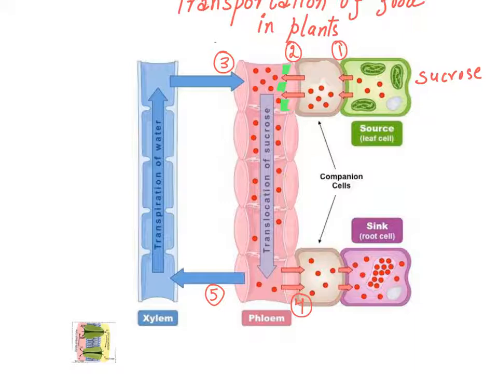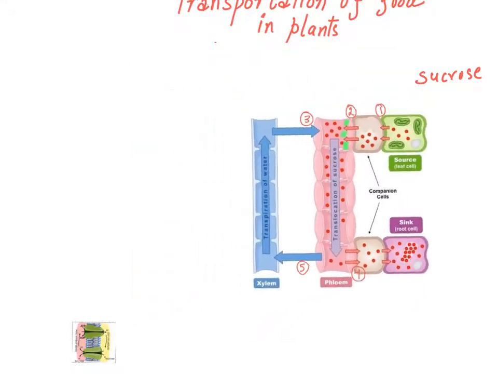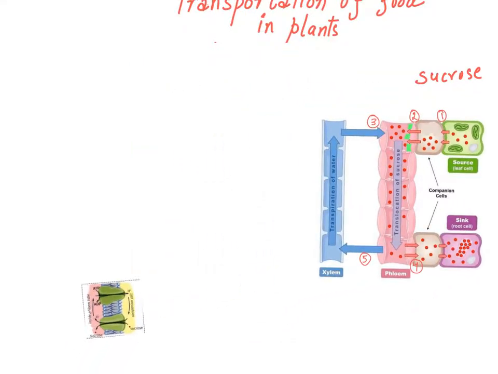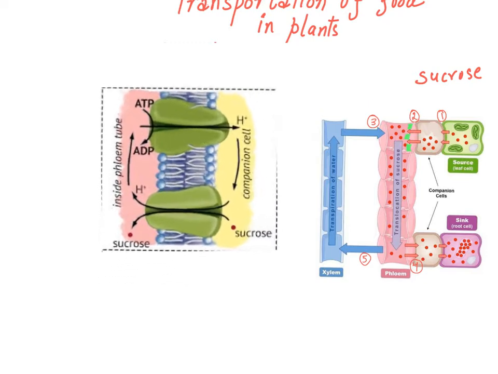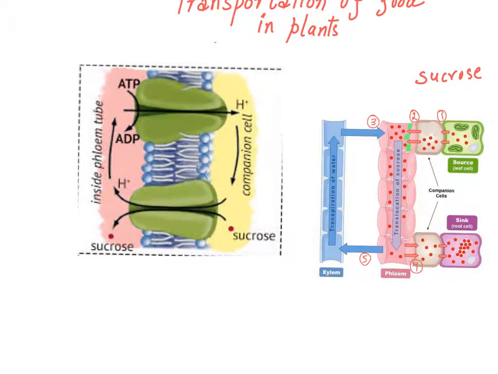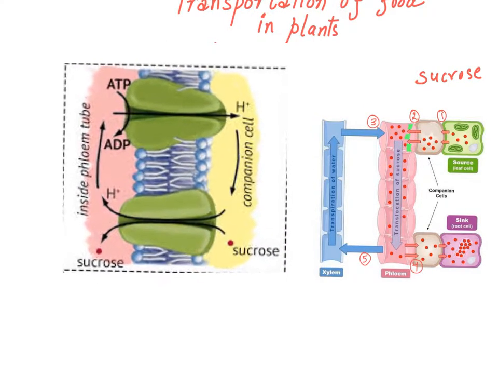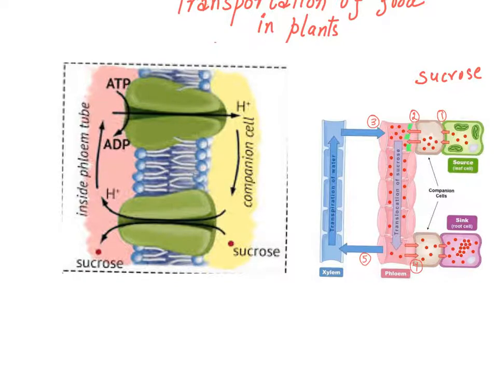Translocation takes place. Here you can see some green structures in the membrane of phloem. What are these structures? Let's see. These structures are enzymes, or we can say transporters, present in the membrane of phloem.